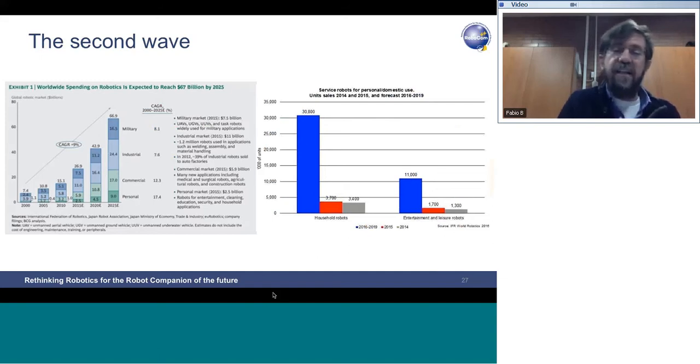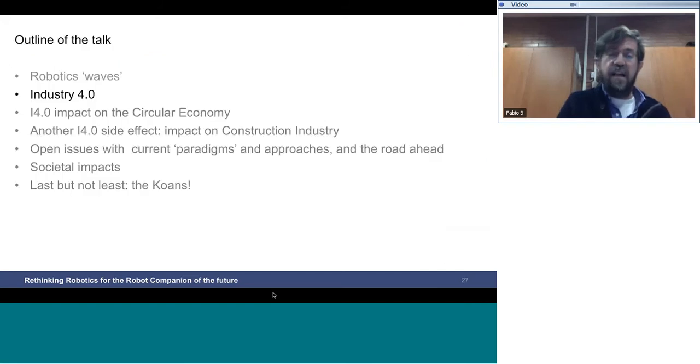Studies and reports on this kind of technological trend tend to be rightly conservative, but as a consequence, many times they underestimate what is going to happen. So this is 65, someone says 67, no, this is 67, someone says 65, someone says 70 billion in 2025. But what's happening is that we have an explosion, so we are following a kind of exponential.